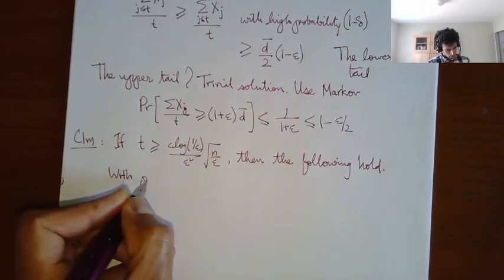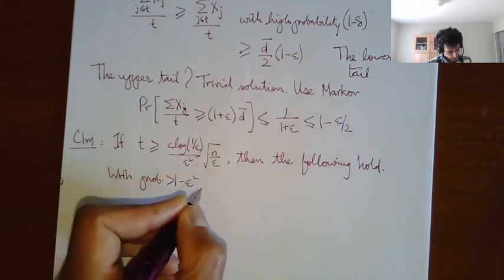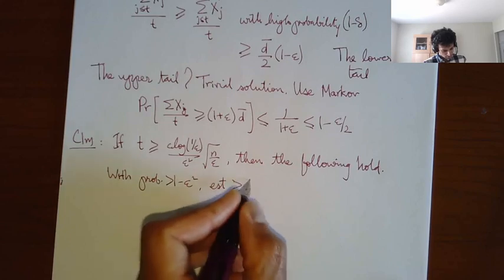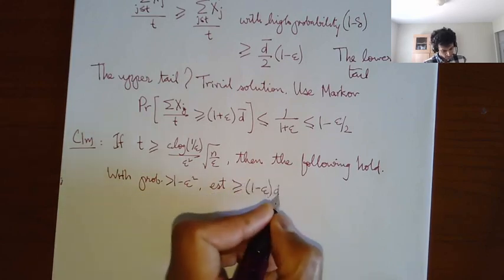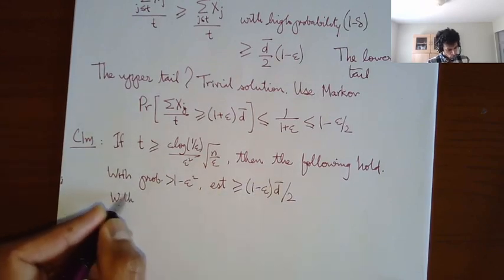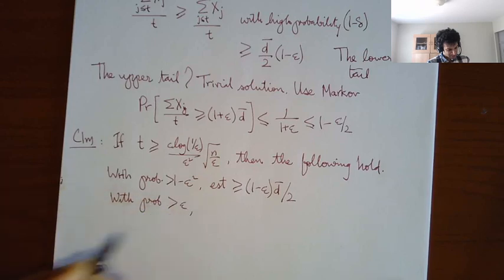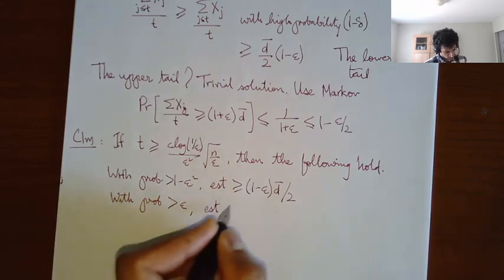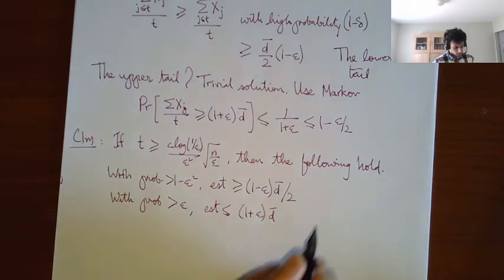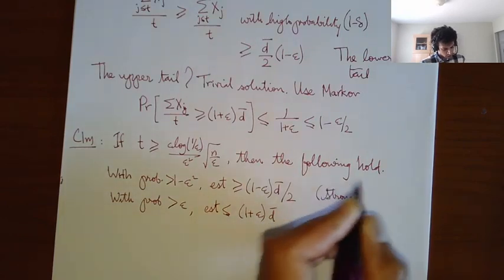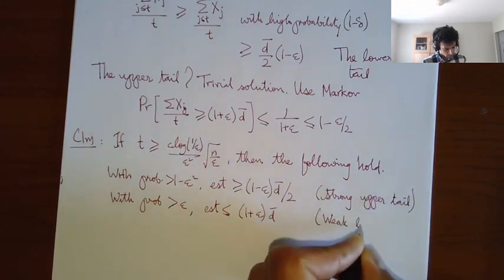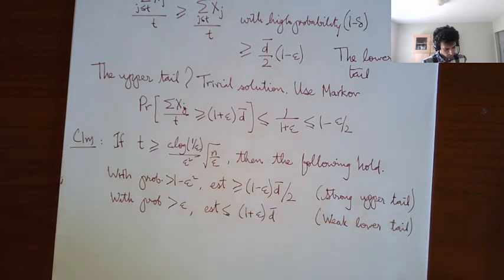So with probability at least 1 minus epsilon squared, the estimate that I get is at least 1 minus epsilon times the average degree divided by 2. With probability at least epsilon, this is really small, the estimate is at most 1 plus epsilon times d. So this is a strong upper tail, but it's a weak lower tail.